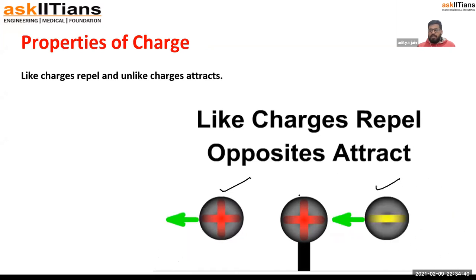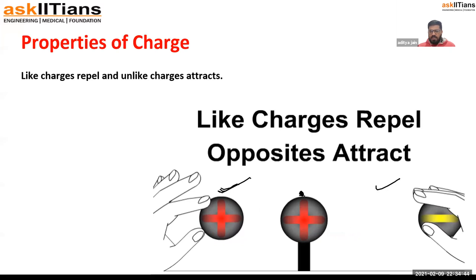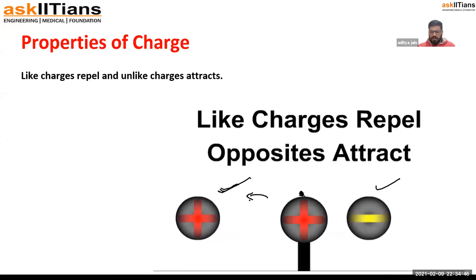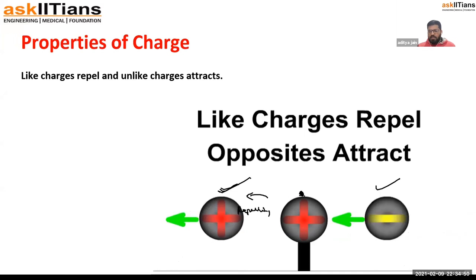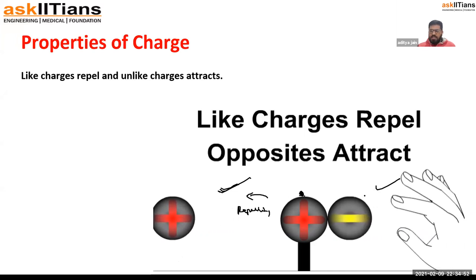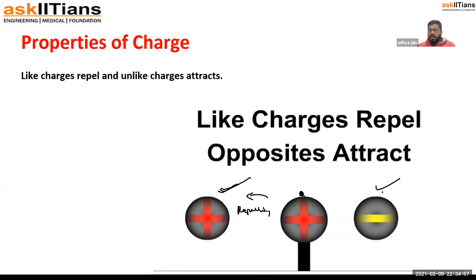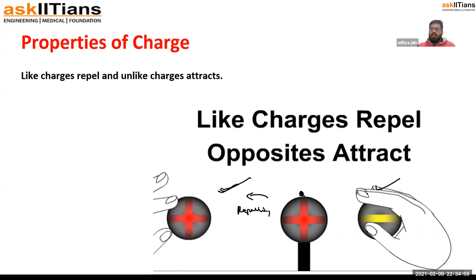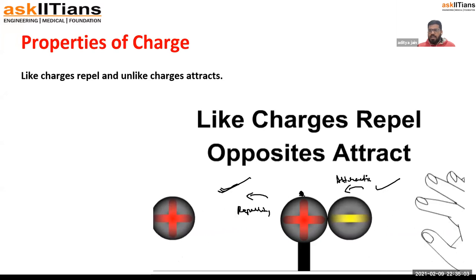So can I say the central positive charge is repelling this positive charge? Yes or no? That's why it is moving away from it. And what is this negative charge doing? The negative charge is getting attracted towards the central positive charge. We will say this is attraction.